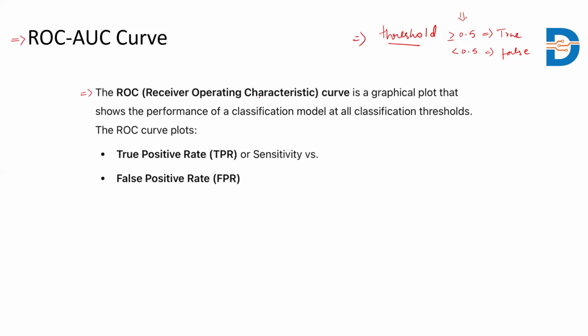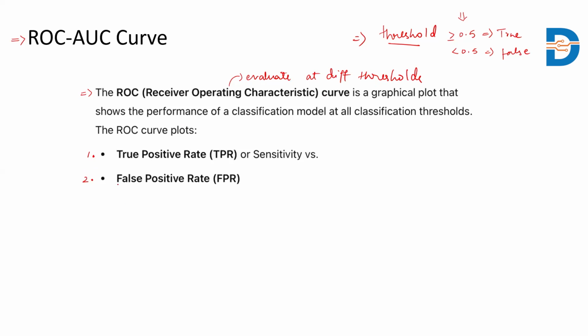It is an evaluation metric which is going to evaluate the model at different thresholds by considering two parameters. One is true positive rate and the other one is false positive rate.